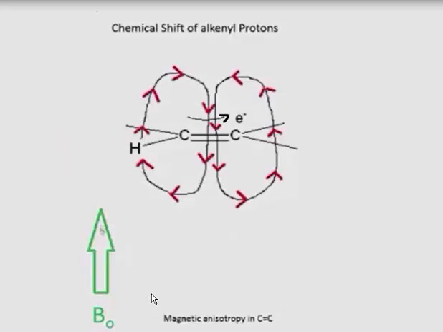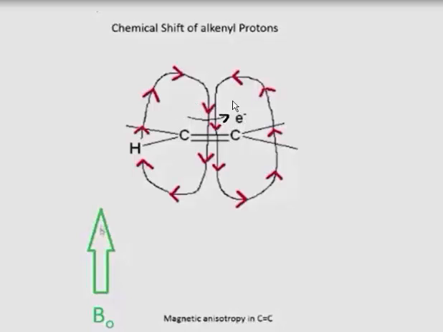Alright, let's examine the chemical shift of alkenyl protons. The diagram we're going to see here is actually similar to what we saw before. The external magnetic field will cause the electrons of the pi bond to circulate round and around in the direction indicated here.